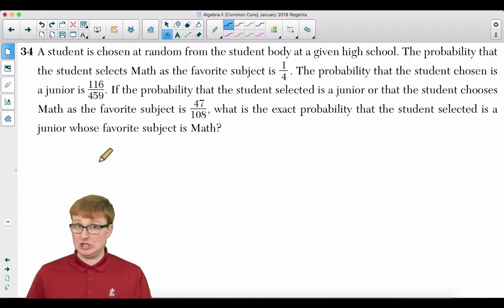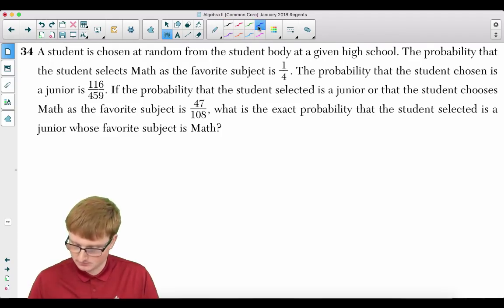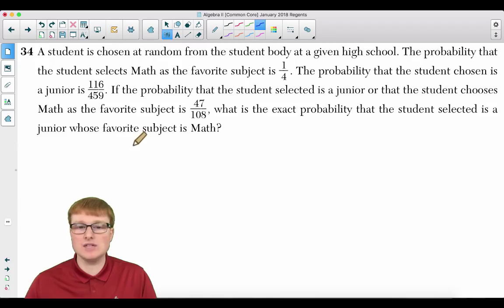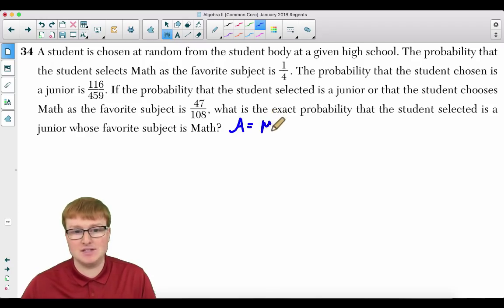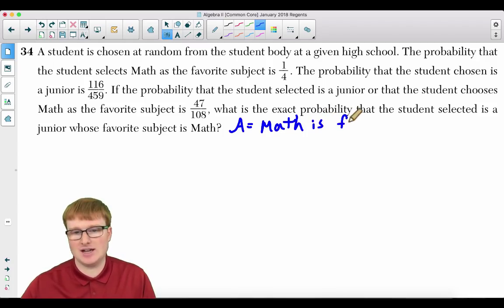So what you need to know is this. Suppose that the event A is math as a favorite subject, right? We all could agree that math is the best one. Math is the favorite subject.